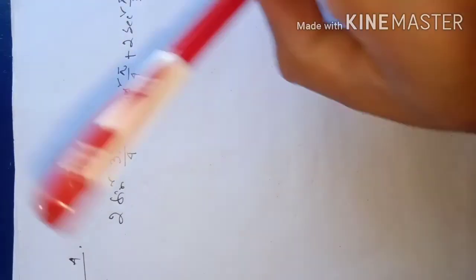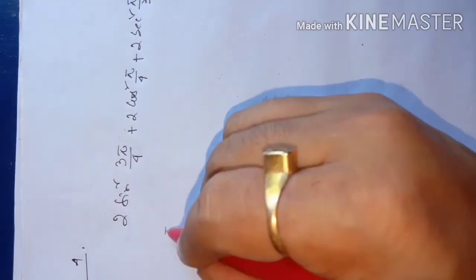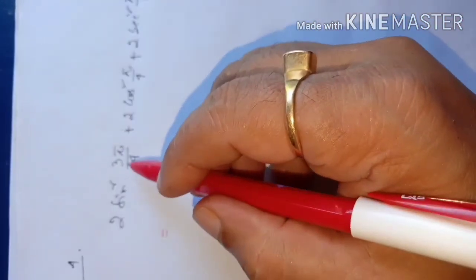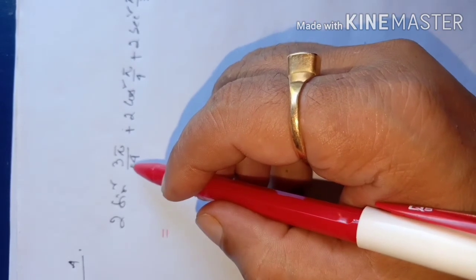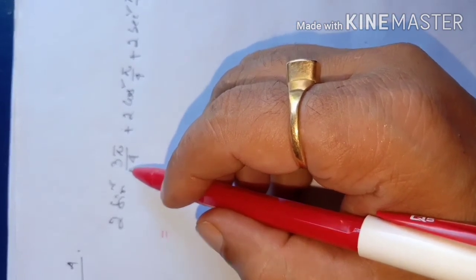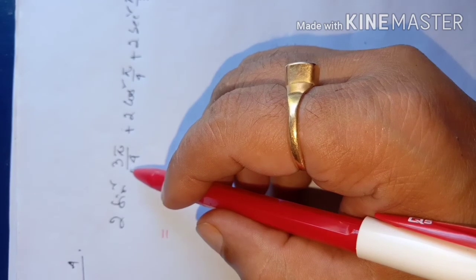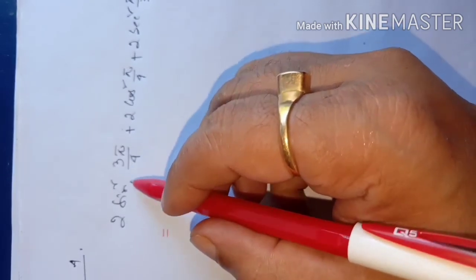Let us simplify. As I told you just before, sin 3 pi by 4 can also be written as sin of pi minus pi by 4. Sin of pi minus theta is sin theta, so it will be sin pi by 4.